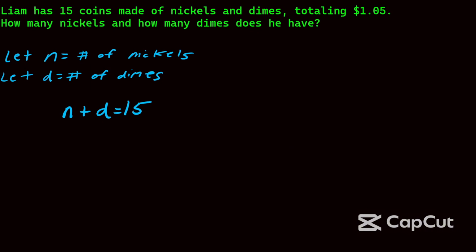Okay, now we need to have a little bit of money knowledge, right? A nickel is worth 5 cents, and a dime is 10 cents. These two are both in cents. The thing they gave us is in dollars.